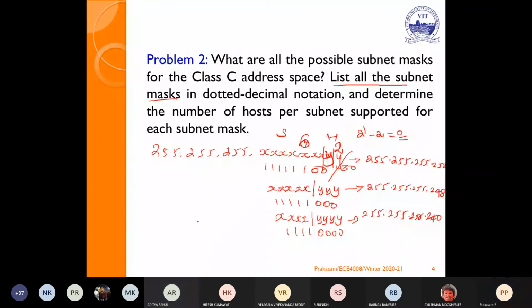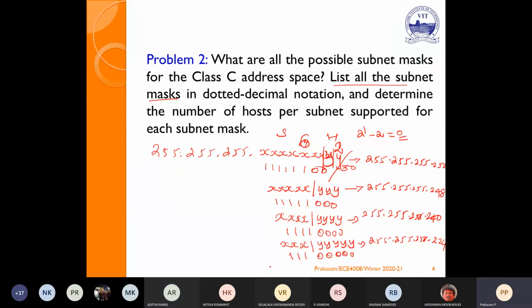240. So next, the fourth possibility is I am allocating 3 for subnet and 5 for host. So 11100000. The equivalent is 224.